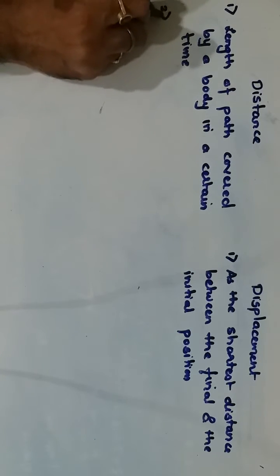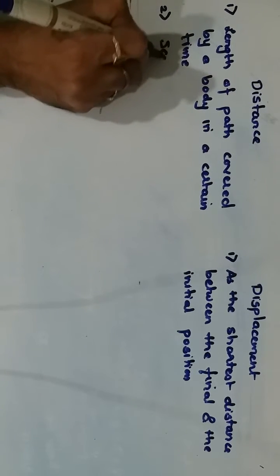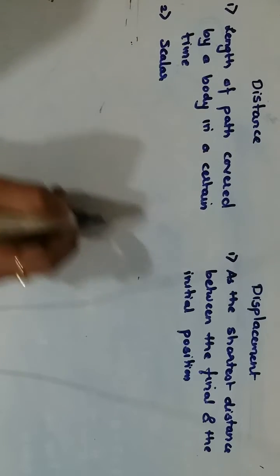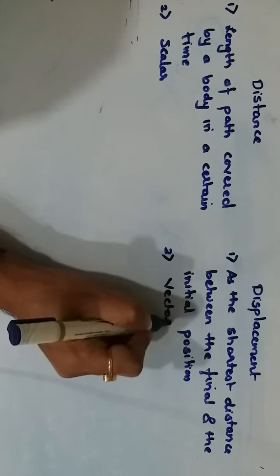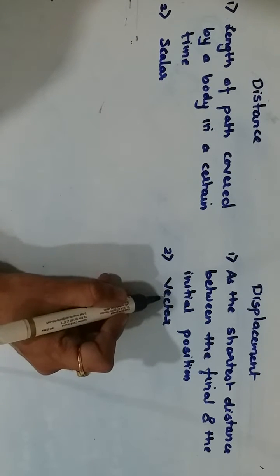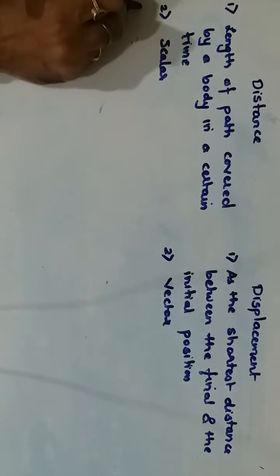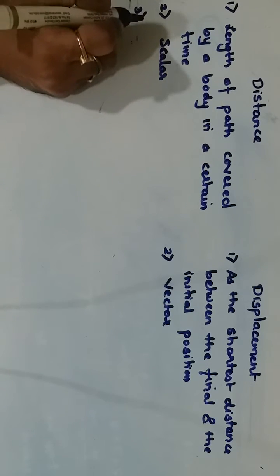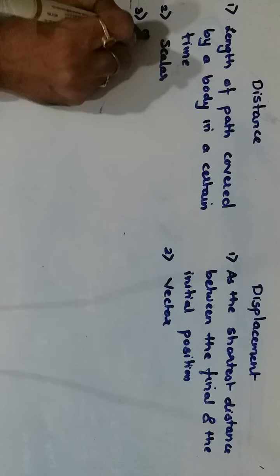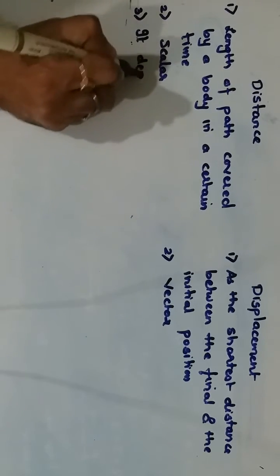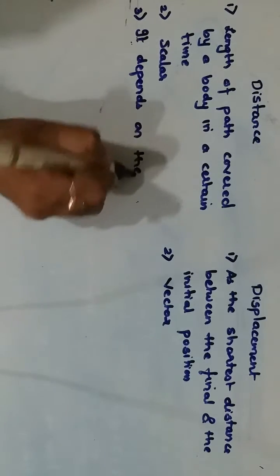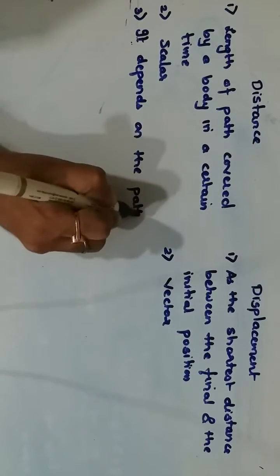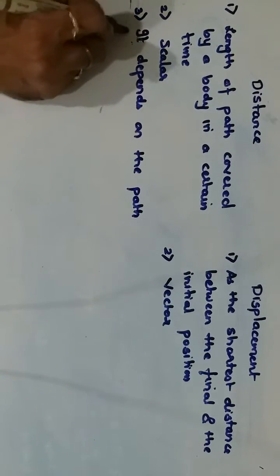The second point was also covered, that distance is a scalar quantity, whereas displacement is a vector quantity. Remember, it is a vector quantity because I had mentioned it requires direction. The third point of difference: distance depends on the path, what road, what path it has followed.